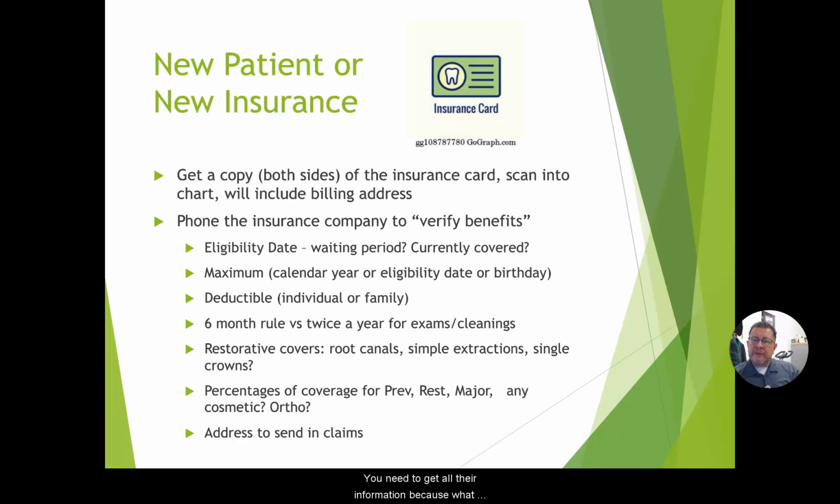You need to get all their information, because what about the group number? All these things. What about the coverages, the benefits? So you need to get a copy of their insurance info, including the billing address for the insurance, because there are Delta Dental of California, Delta Dental of Georgia, Delta Dental of North Carolina. There's Minnesota. There's all these different versions of insurances, and you're going to be billing the wrong one? No, you're just wasting your time.